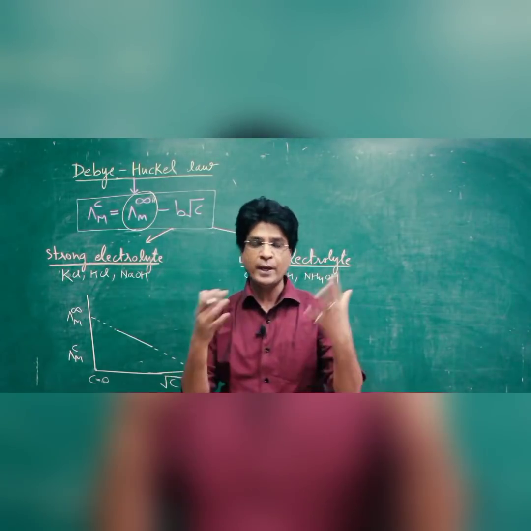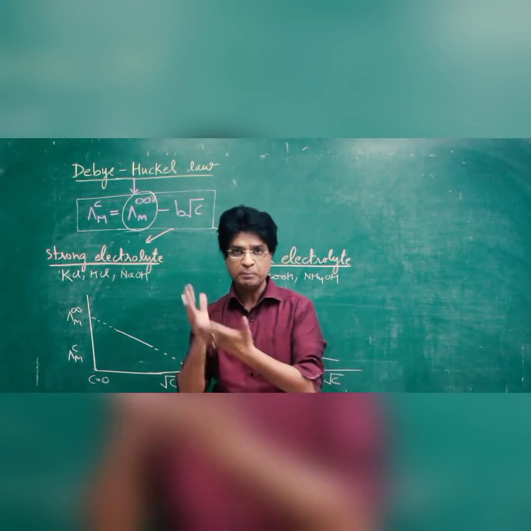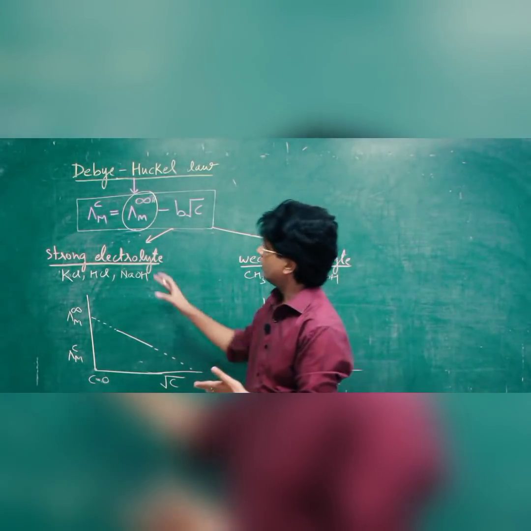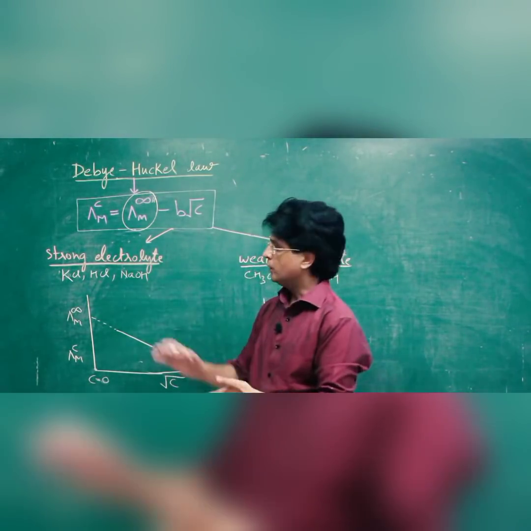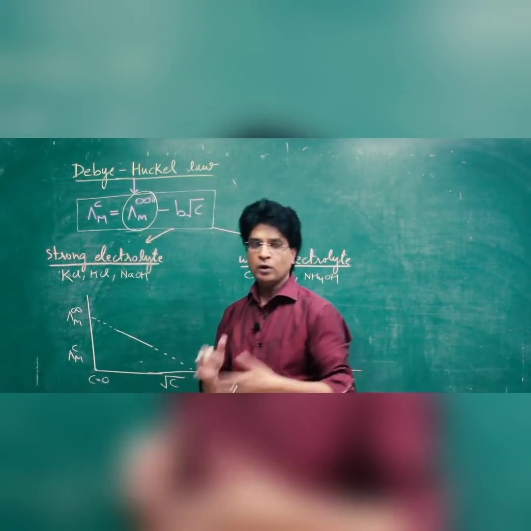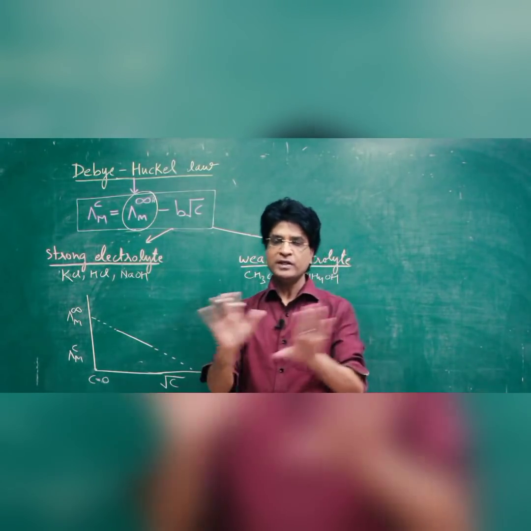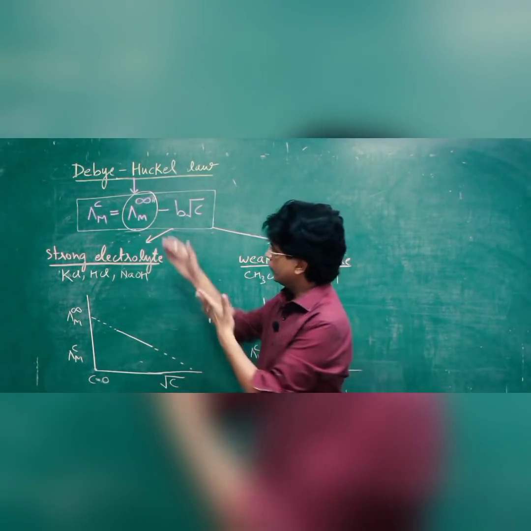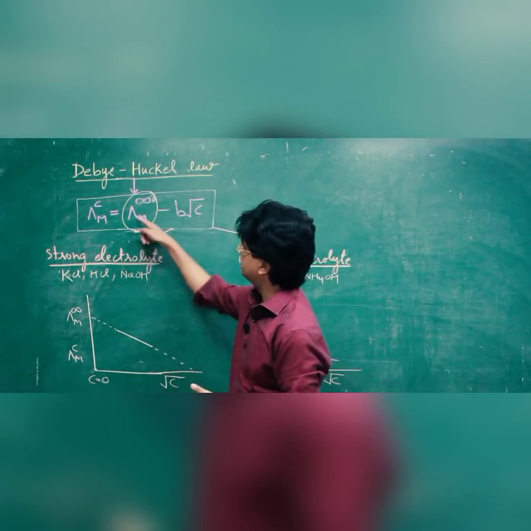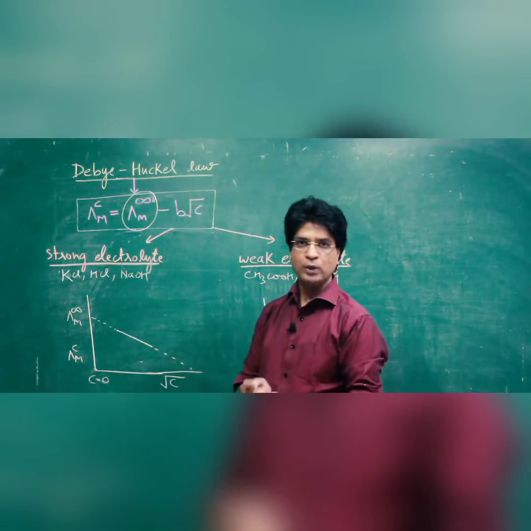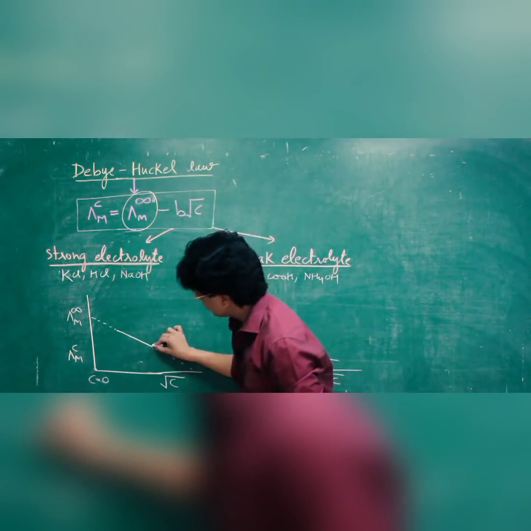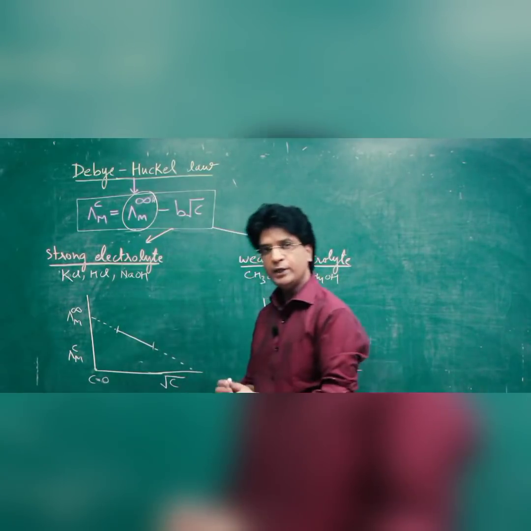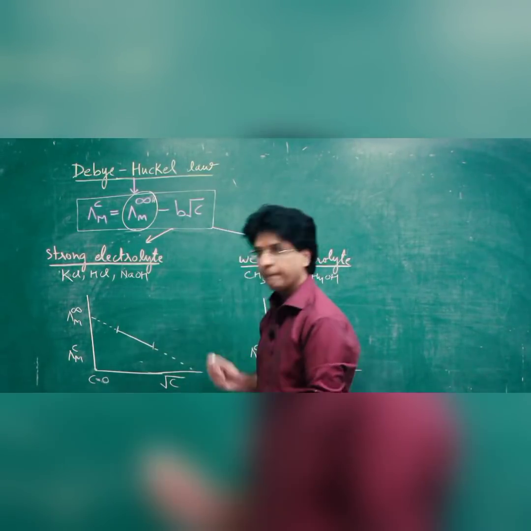Now something which we cannot achieve physically, we try to achieve mathematically. For a strong electrolyte, whether you dilute it or make it concentrated, the number of ions does not change. So here we don't have any problem of infinite dilution. I have to go into the lab, take any two readings, and plot a straight line.